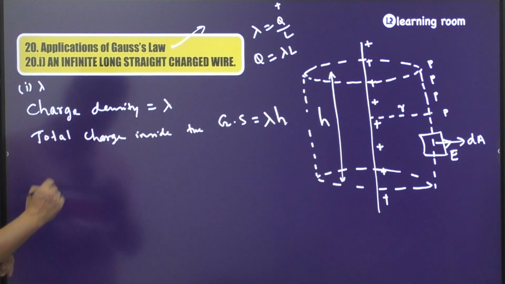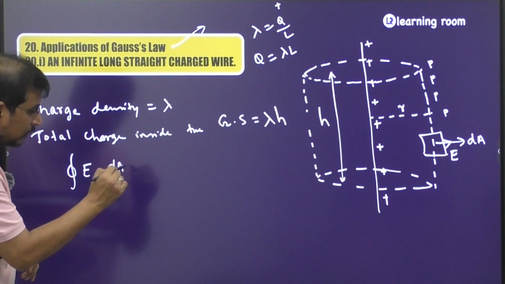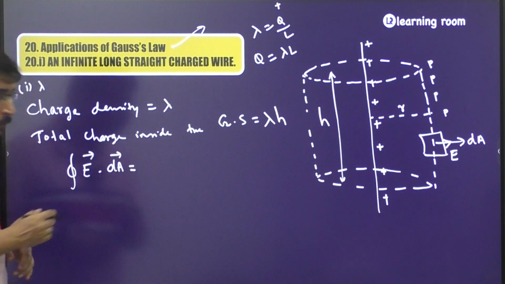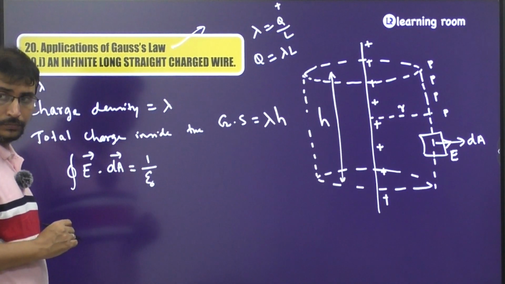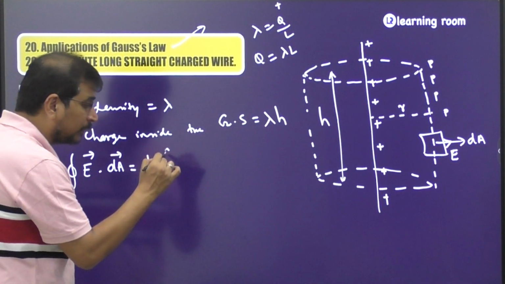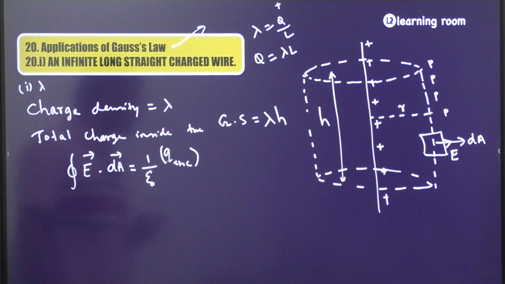Apply Gauss law. The surface integral of E dot dA in the vector form is equal to 1 by epsilon naught times the charge enclosed by the Gaussian surface. I'll write this formula every time. What is the angle between electric field and dA? 0. So I can write it as E into dA.